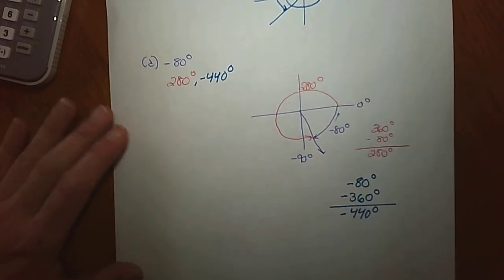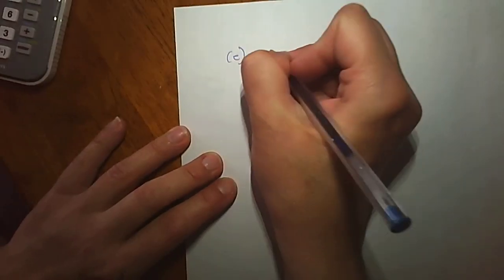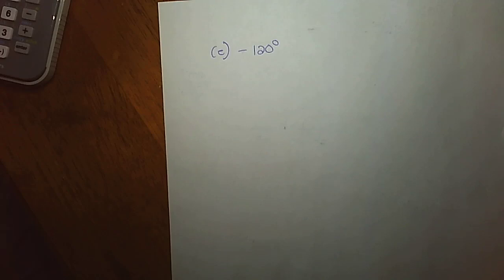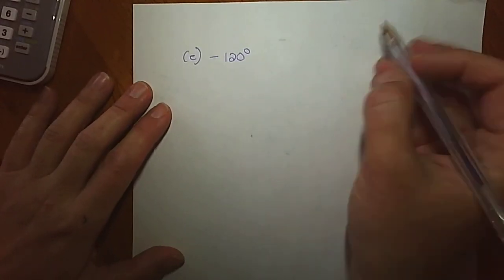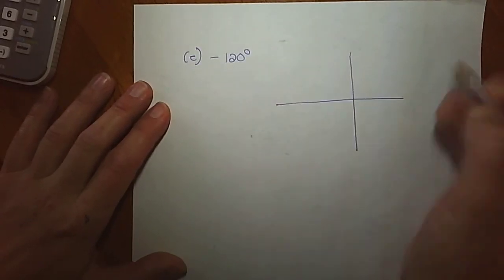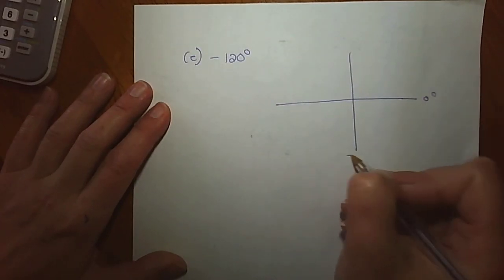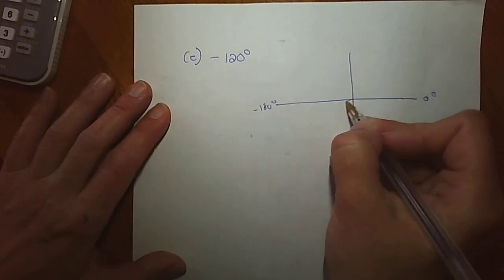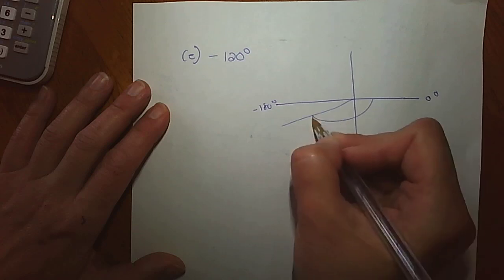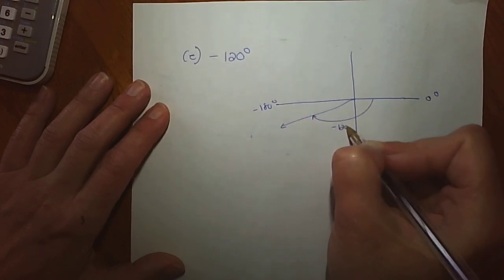All right. So I want you to try one of those now. I'm going to give you negative 120. See if you can come up with a positive angle and a negative angle that lands us in the exact same spot. Two coterminal angles. This is negative 120.